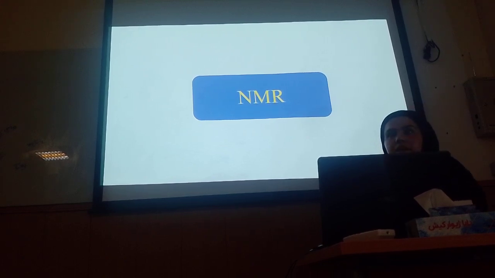Chemists often use this modality, because NMR generally is used in the laboratory when we are characterizing a material, a chemical compound.